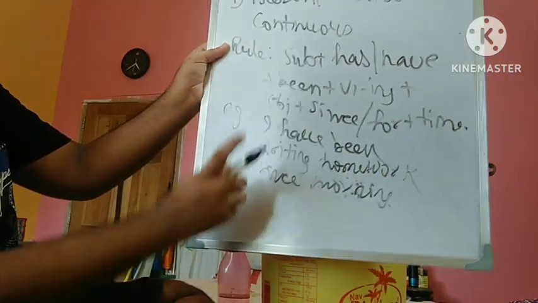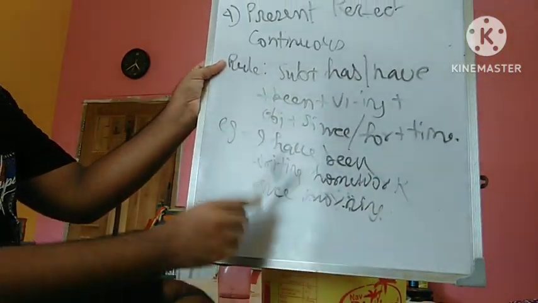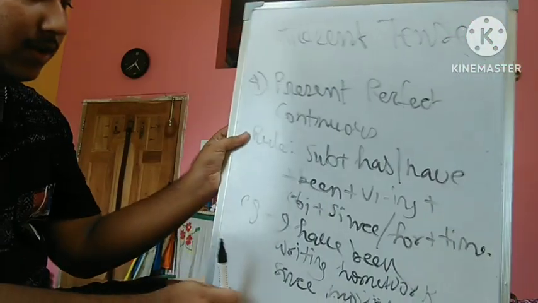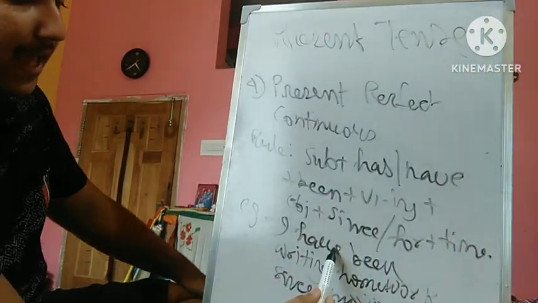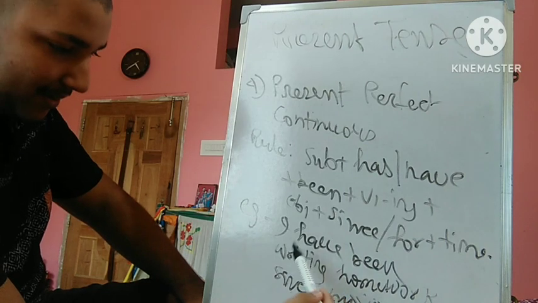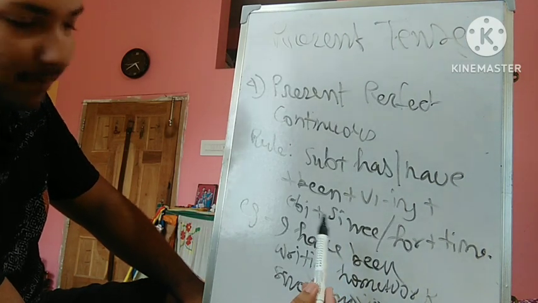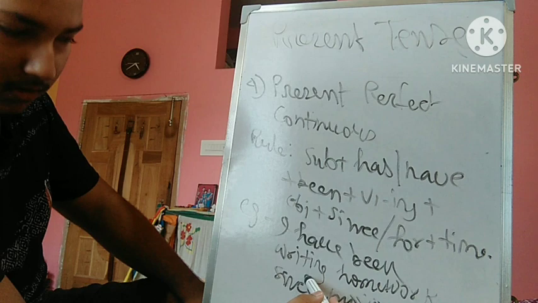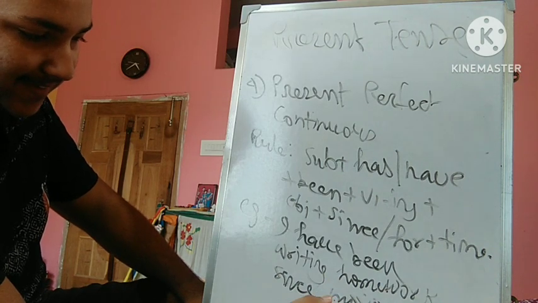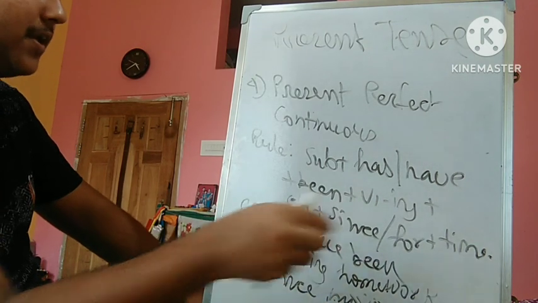I have been writing homework since morning. So I is the subject, have is the helping verb, been, v1 ing, object, since, time. Time is morning, since morning.